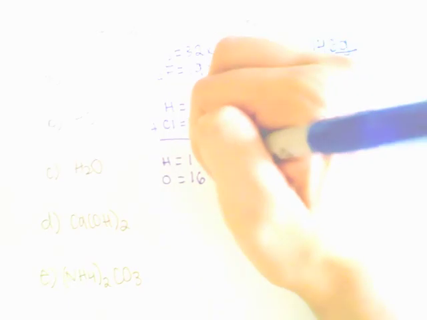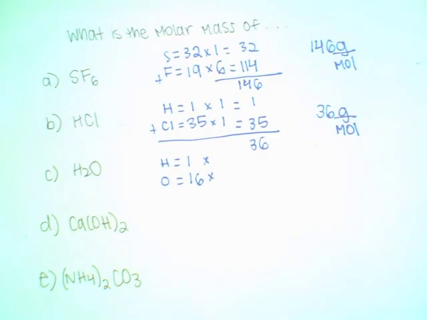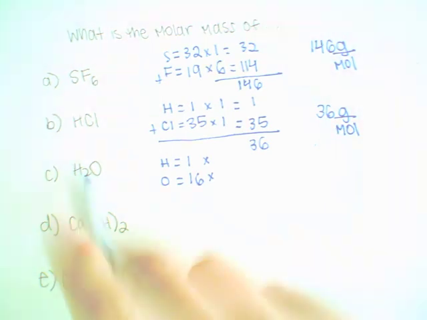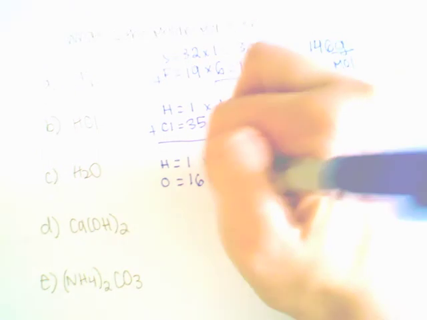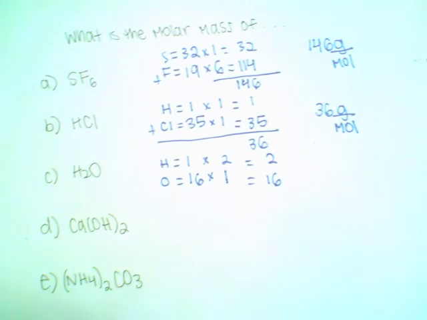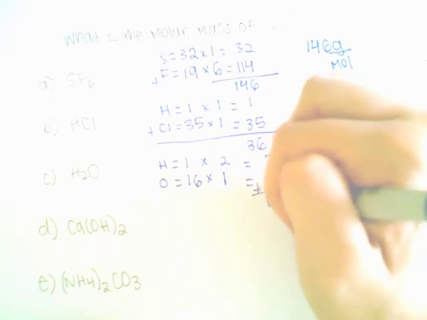The reason why we do this step is so that we remember to take into account the subscripts. So I have 2 hydrogen and 1 oxygen. So that's 2, 16, and now I add them together. The molar mass of water is 18 grams per mole.